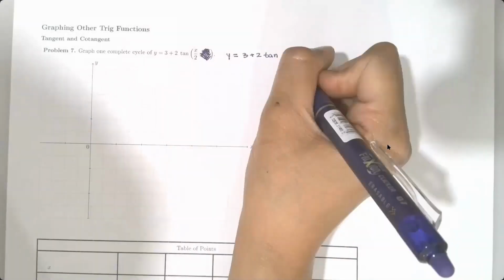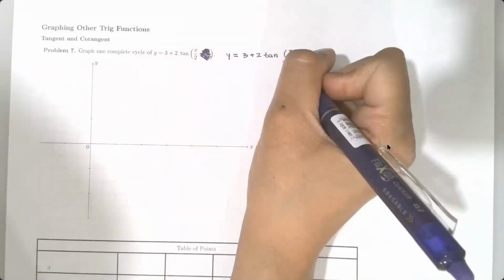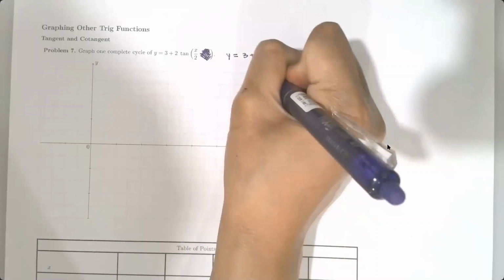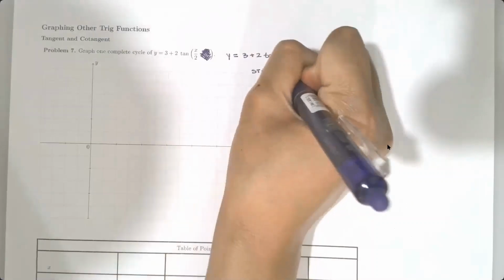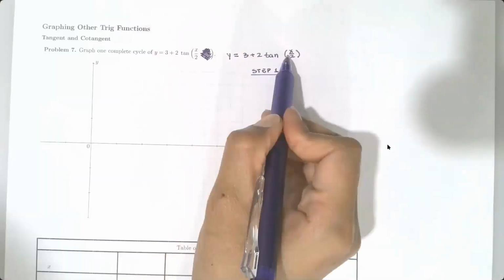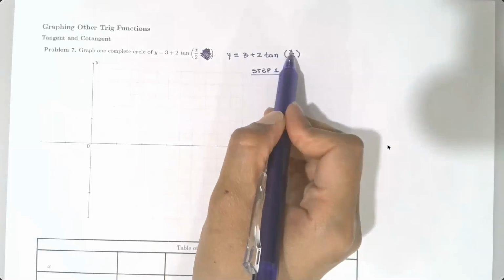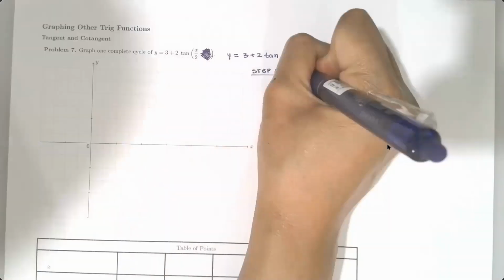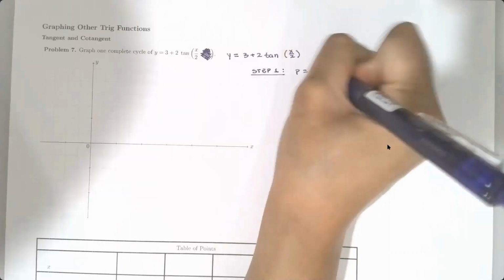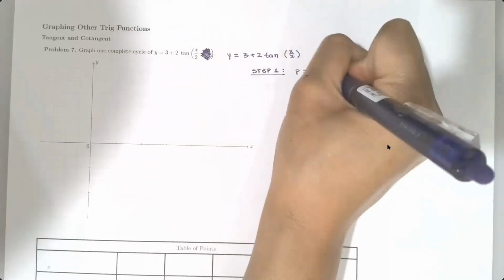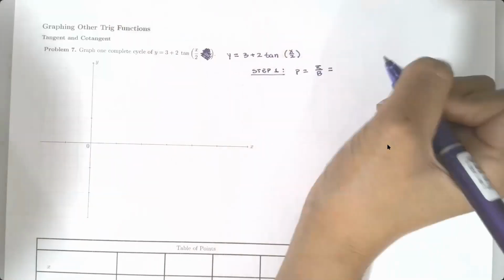Okay, so we're going to start by finding the period, because thankfully there's no negative inside of the argument for us to bring out. So we can jump straight to step 1, which is the period is pi divided by b. Now in this case, what is b?